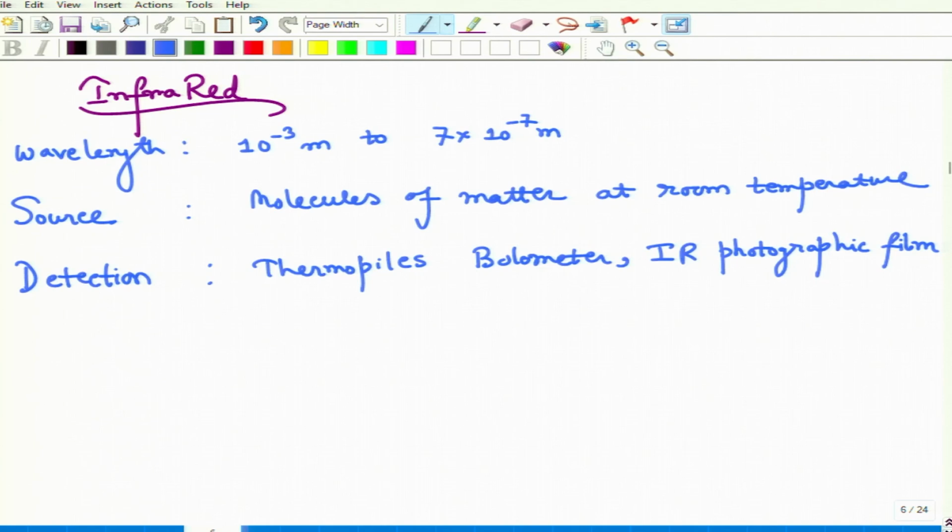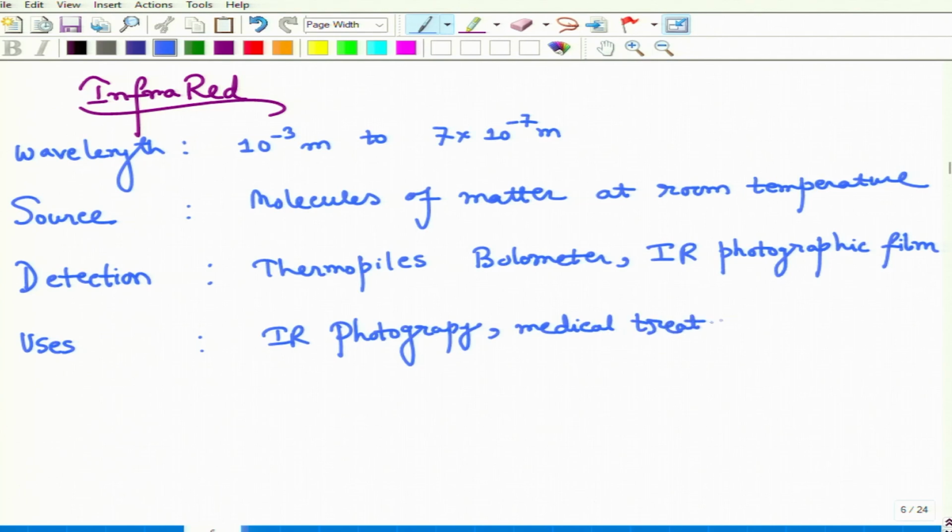Okay, and the uses. They are used in IR photography, several medical treatments, and vibrational spectroscopy.